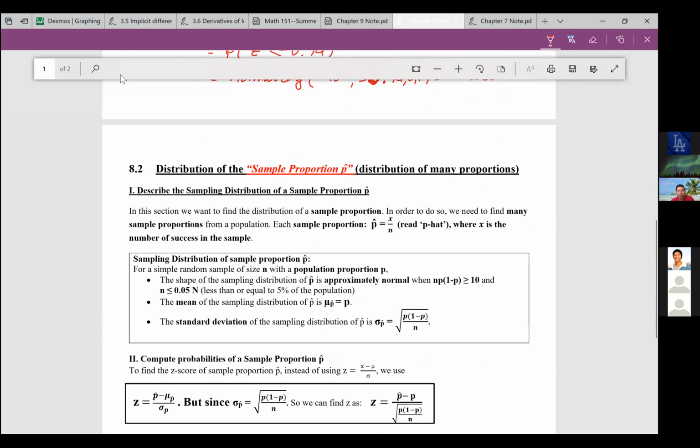So, sample proportions, right? What is a proportion? Proportion is probabilities, percentage. So we look for a percentage.